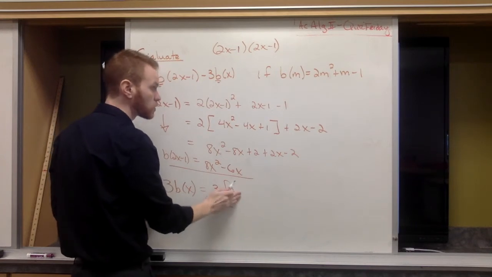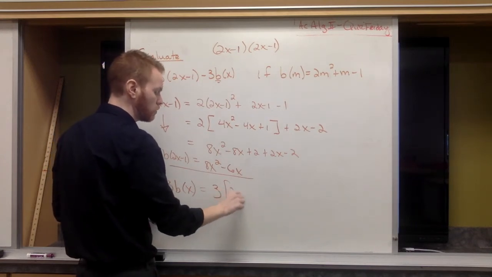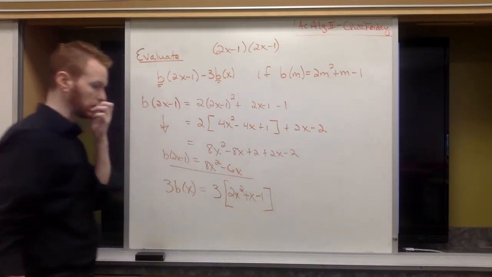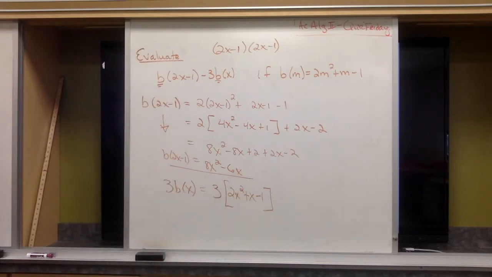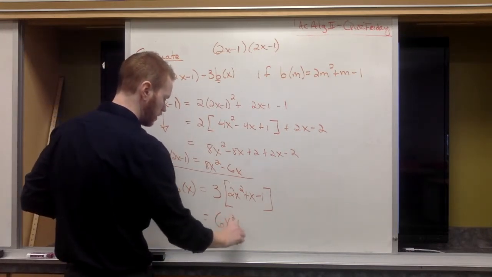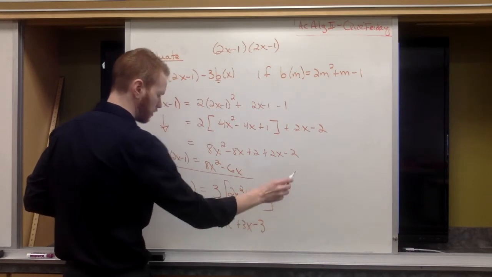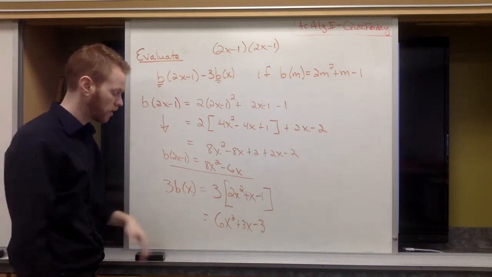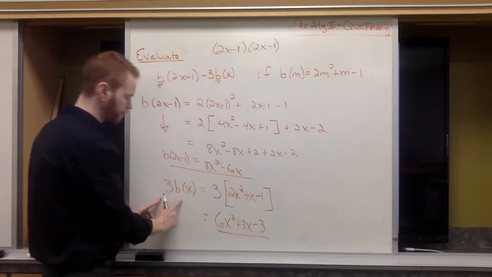So instead of 2m squared plus m, it's 2x squared plus x. Okay, just like that. Multiply 3 to everything. So 6x squared plus 3x minus 3. Okay? And this is what this guy is.